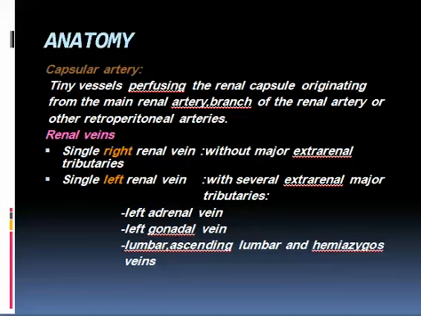These are coming from the main renal artery, or a branch of the renal artery, or any other retroperitoneal artery. On the right it is one single renal vein with no major tributaries. The left renal vein receives gonadal, adrenal, and lumbar, ascending lumbar, and maybe hemiazygous veins.